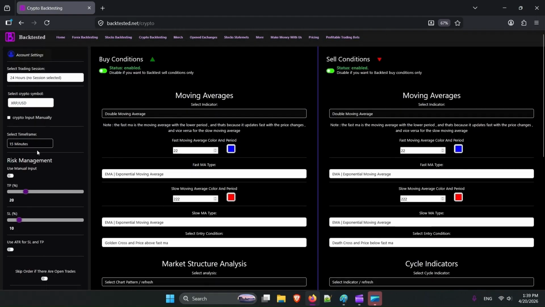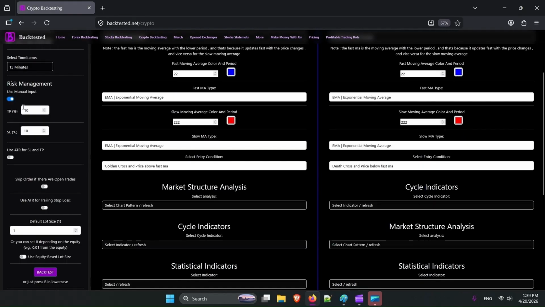The time frame will be set to 15, and we will be selecting the take profit to be 2% and 1% for the SL.